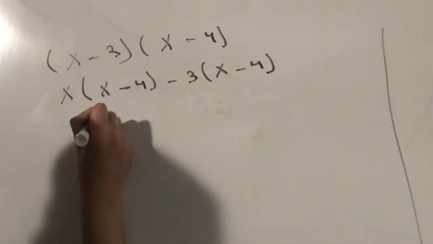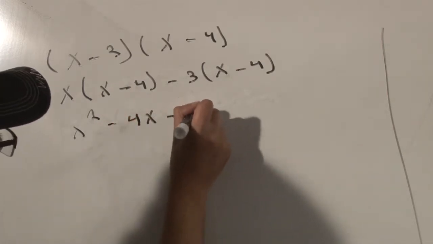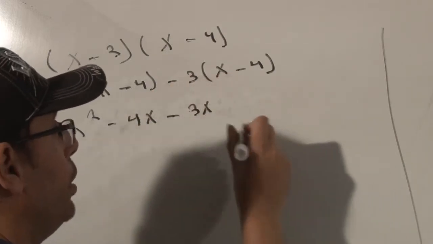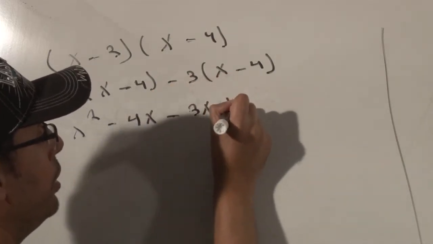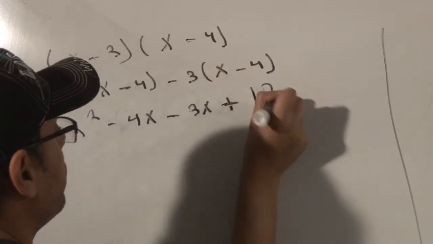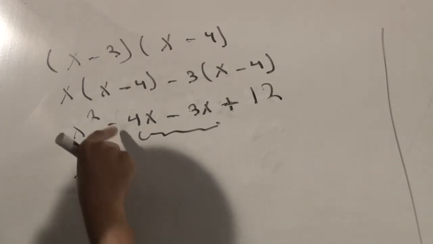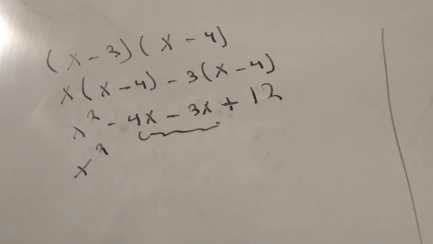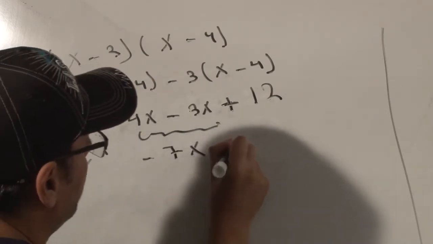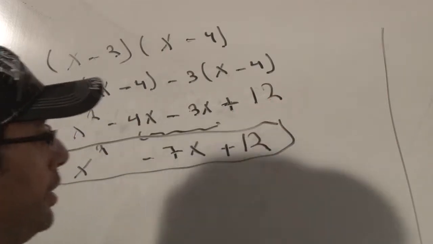So that would be x squared minus 4x minus 3x. Oh, be careful here. This is minus and minus, so that would be positive, 3 times 4 is 12. And then clean this: x squared, minus 4x and minus 3x is minus 7x, plus 12. And this is the final answer.